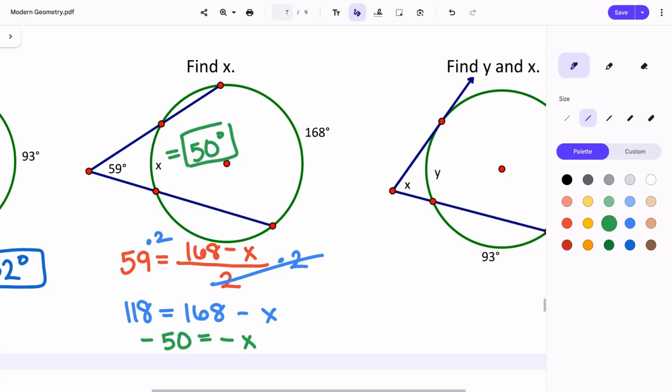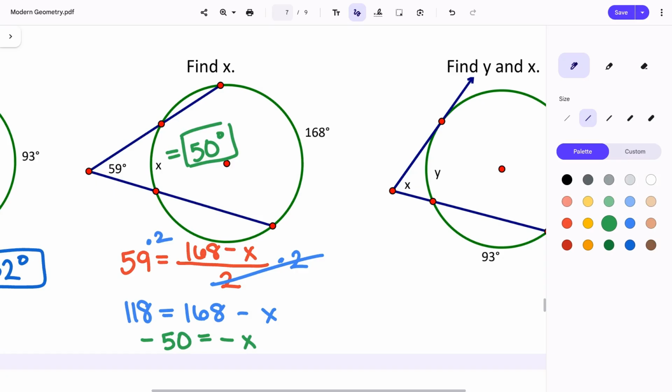We haven't talked about measuring circles in negative degrees or angles in negative degrees in this unit, so we probably don't want to have negative numbers. Now, if you're talking about a variable that would maybe get plugged into an expression, it might be okay to have a negative, but it would not make much sense to leave that as negative 50 degrees.